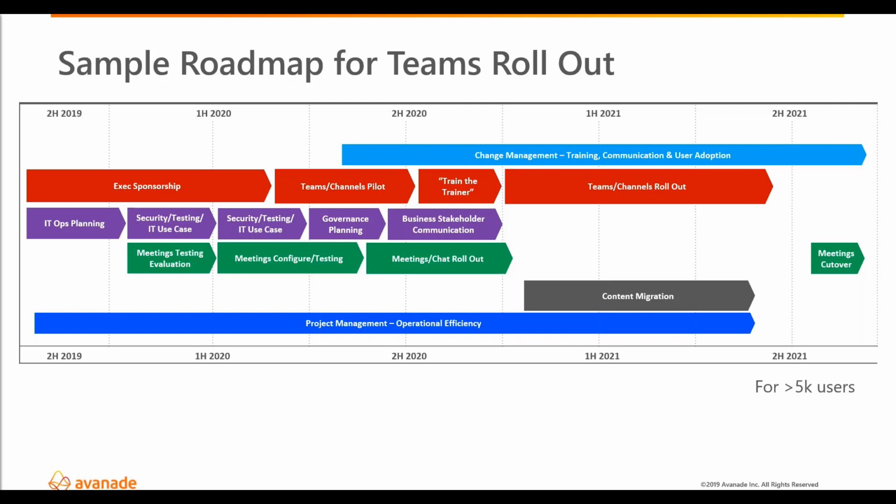And then having change management running all the way through beyond the rollout, and then ending with your meetings cut over from whatever previous solution you used, Skype for Business or whatever, a little further down the line.